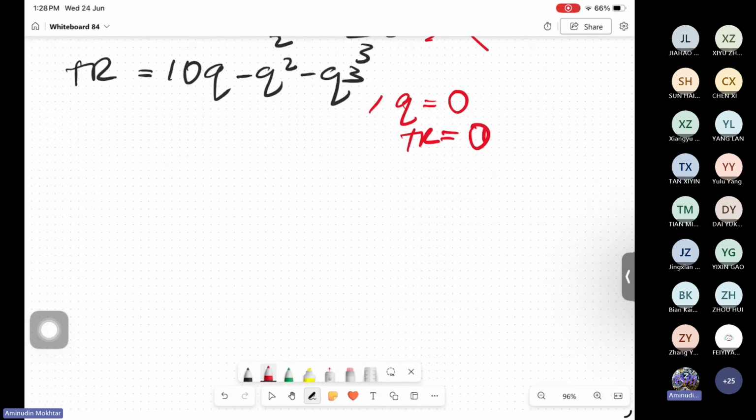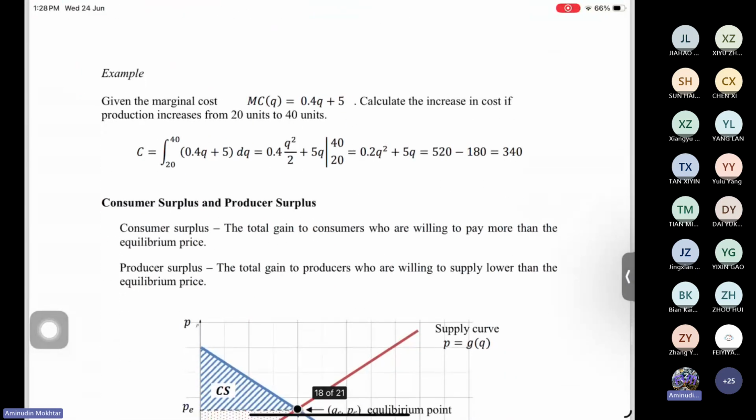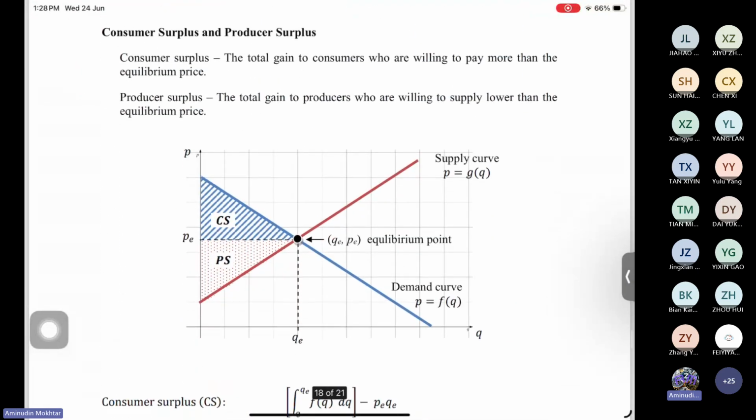Okay, the last one for today is very important. I hope you can pay your attention, because this part is very popular. If you refer to the previous semester, every semester there must be a question come from this consumer surplus and producer surplus.